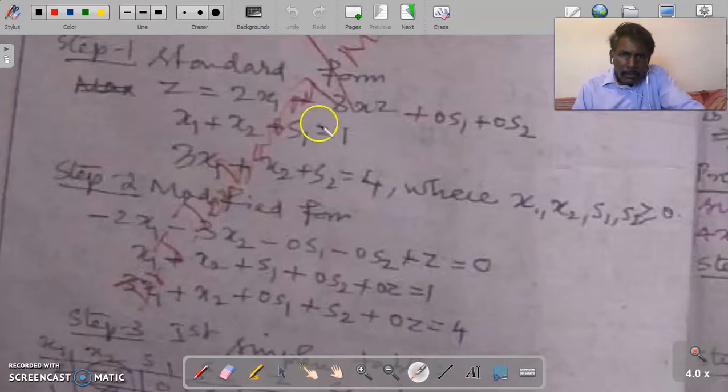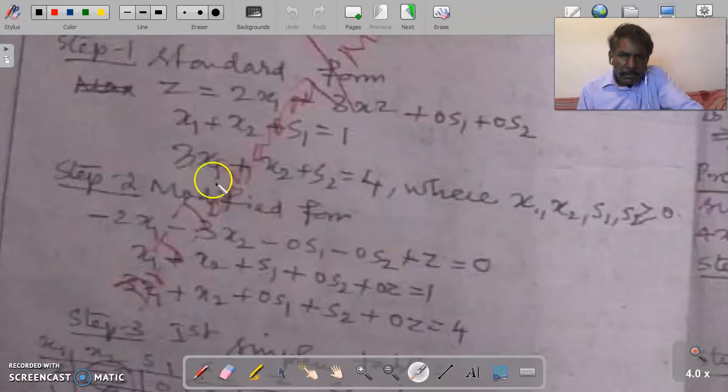Similarly here, we are adding 0 to s1 plus 0 to s2. Here x1 is there, x2 is there, s1 is there, but z is not there. Therefore, 0z we are putting, and the constant on the other side.